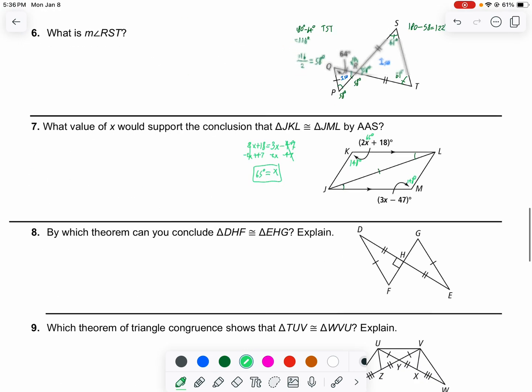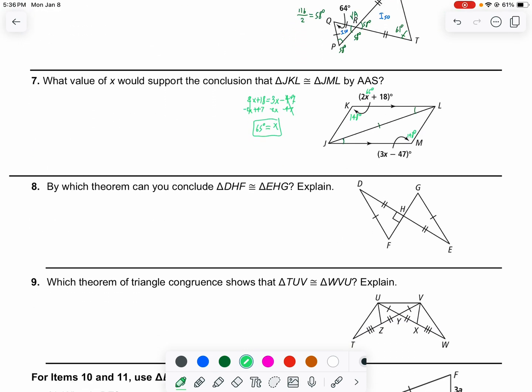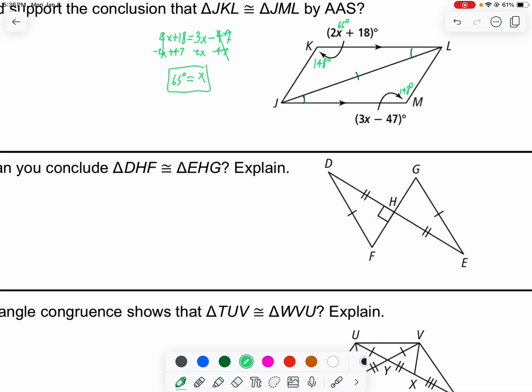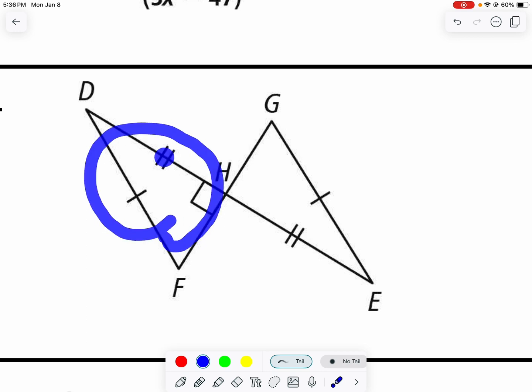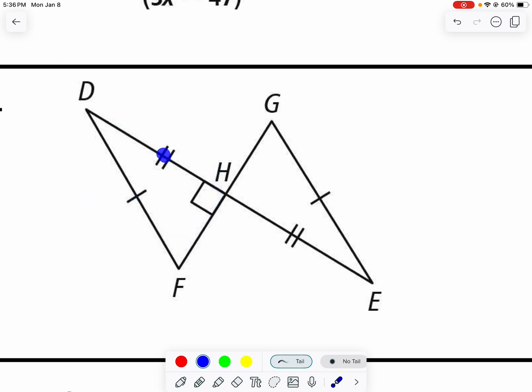All right, next. By which theorem can you conclude that these two triangles are congruent? Let's take a look. This is a right triangle, so we can use the right triangle theorems. We've got a side that's congruent. This is the leg of a right triangle, and the hypotenuse of our right triangle is congruent. It's opposite the right angle. So this triangle is a right triangle with a hypotenuse and a leg.